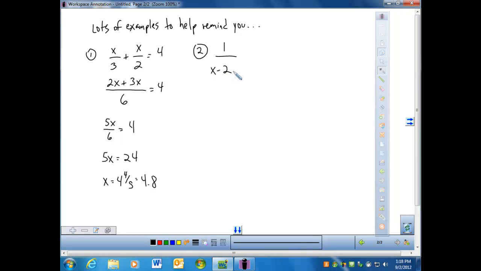Now, here's a tougher example using the same idea, but now we're going to include a little bit more algebra in this problem. This would be a good one to pause once you see the equation and work on trying this one first.